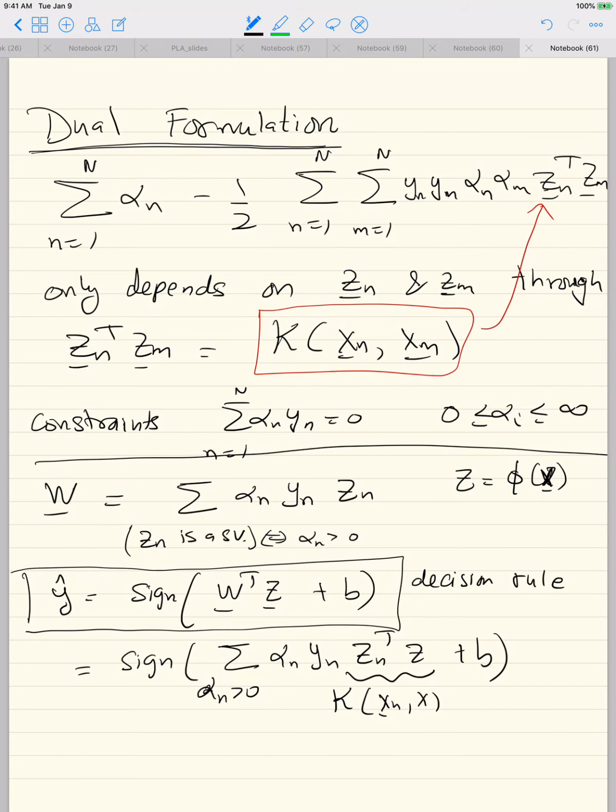But because w is written in this form as a linear combination of the support vectors, when we substitute it in here, again our decision function will only depend on the kernel between xn and x. We can use the kernel function to compute this. And B can be obtained using just the inner product. So we saw this before. We can write B in the form.